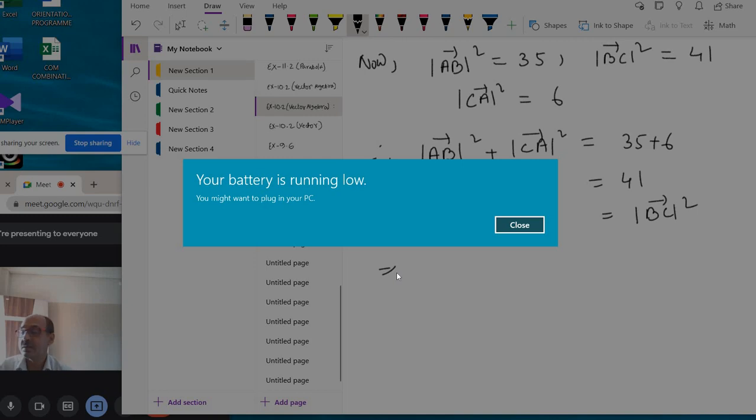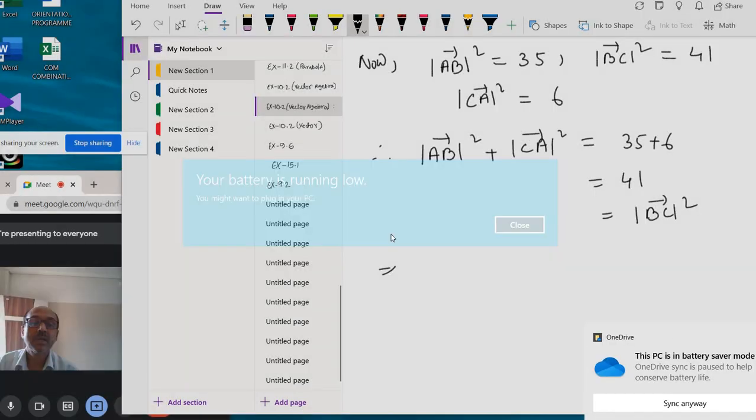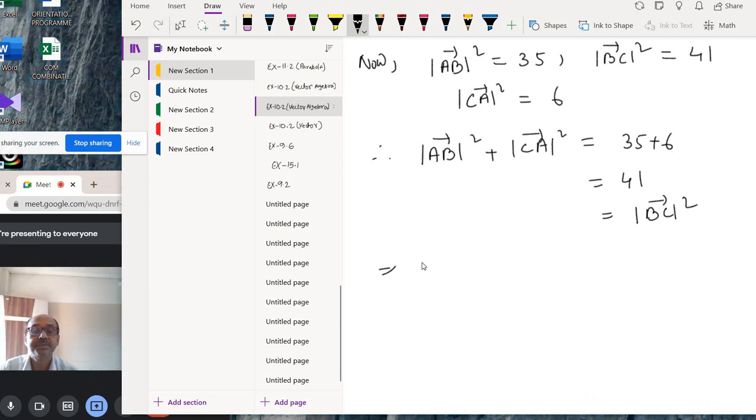So therefore this implies AB square plus CA square equal to BC square.